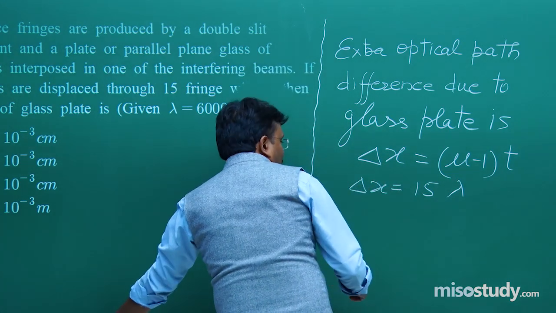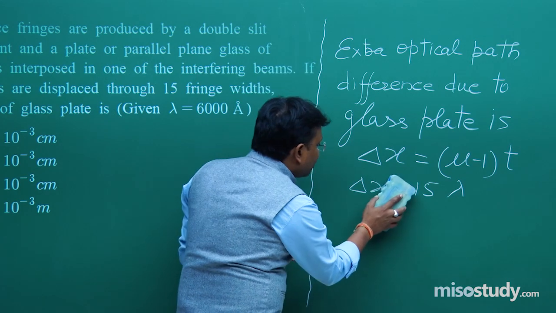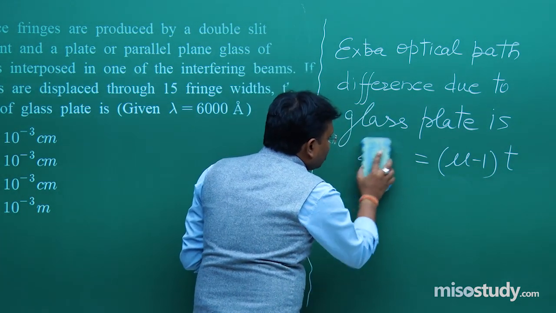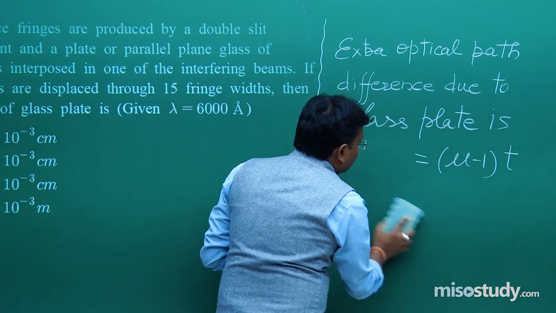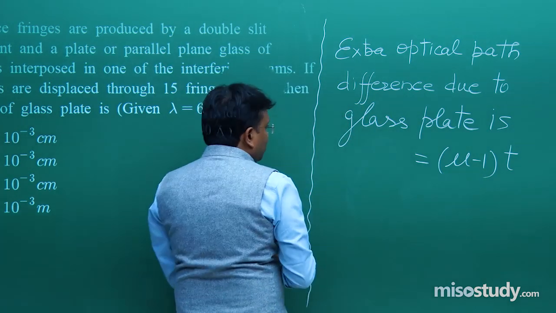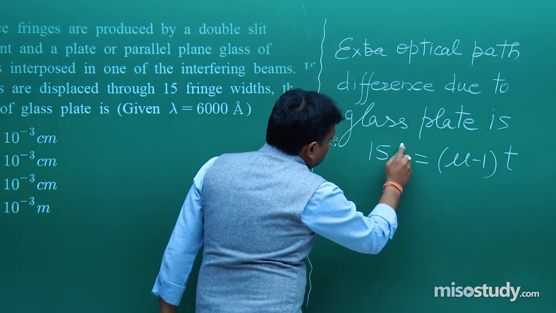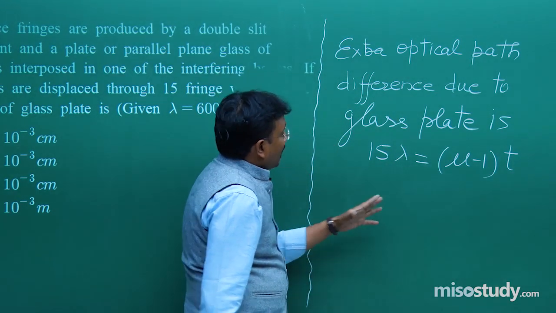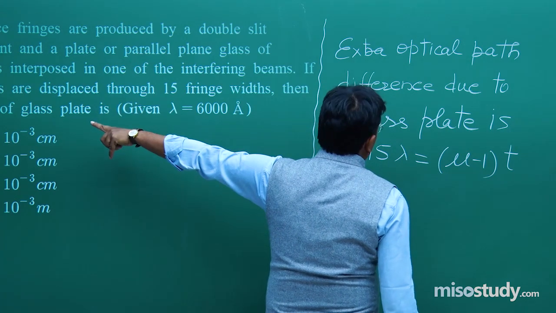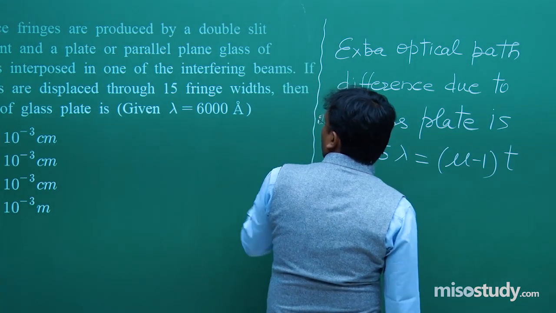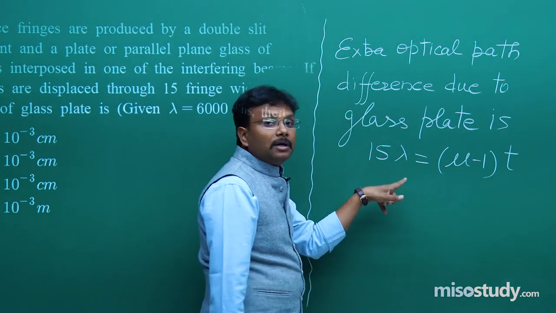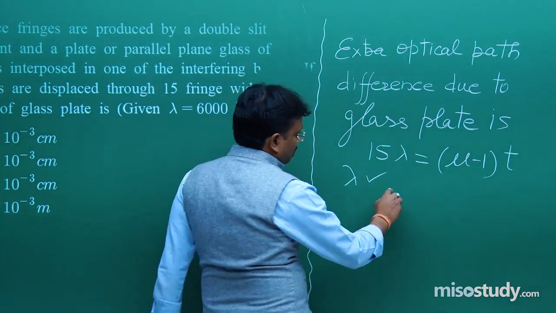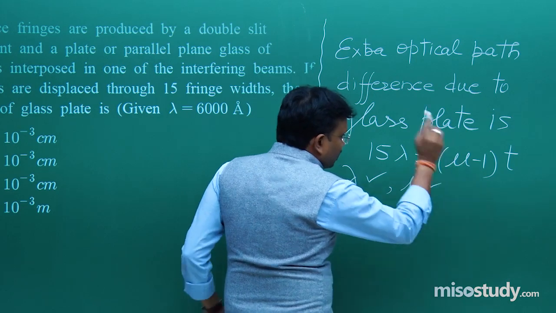So I will replace this value here itself. Initially I thought to do it, but I think it is better to explain it. Now 15 lambda is equal to this much. Mu is given to you, t you have to find out, and lambda is also given.